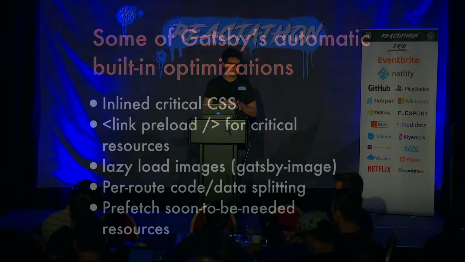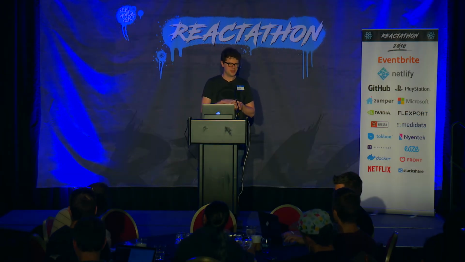It uses link preload, which is a new browser link, that category of things, that Chrome and Firefox and a few others support, and it tells the browser to start fetching critical resources earlier than it might otherwise, which can significantly speed things up. It has a really easy way to get lazy loading images with a Gatsby-specific React component called Gatsby image. It automatically does per route code and data splitting to keep your time to interactive fast.